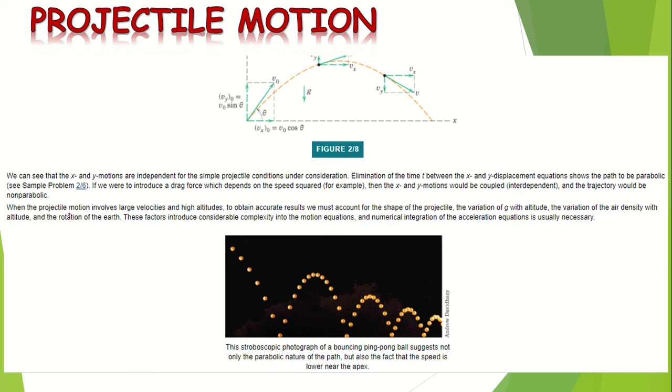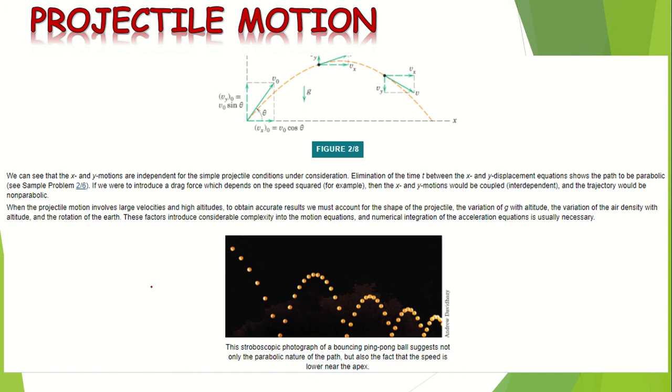When the projectile motion involves large velocities and high altitudes, to obtain accurate results we must account for the shape of the projectile, the variation of g with altitude, the variation of air density with altitude, and the rotation of the Earth. These factors introduce considerable complexity into the motion equations, and numerical integration of the acceleration equation is usually necessary.